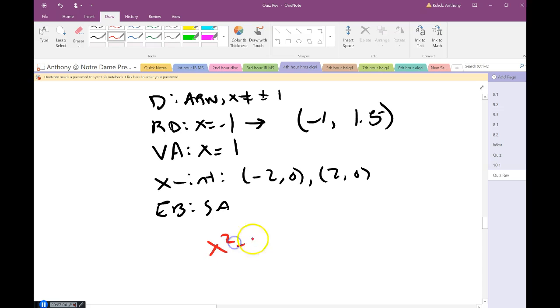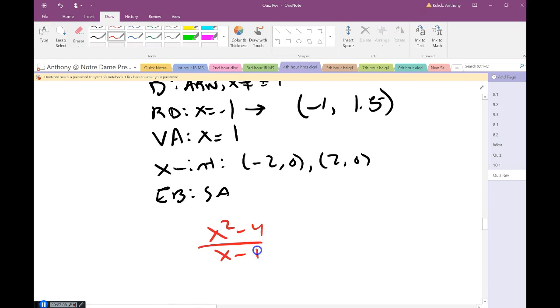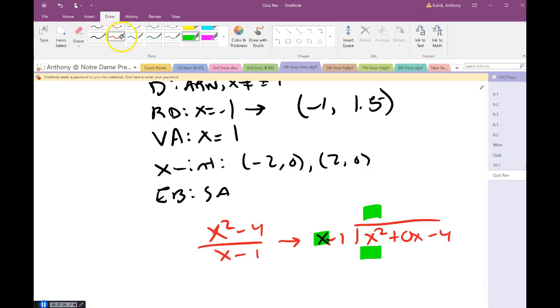So what I really have is x squared minus 4 over x minus 1. Okay? So x minus 1 is on the outside. X squared plus 0x minus 4 is on the under. And then I'll ask myself, what times x gives me x squared? Well, that's x. I distribute that to both pieces.